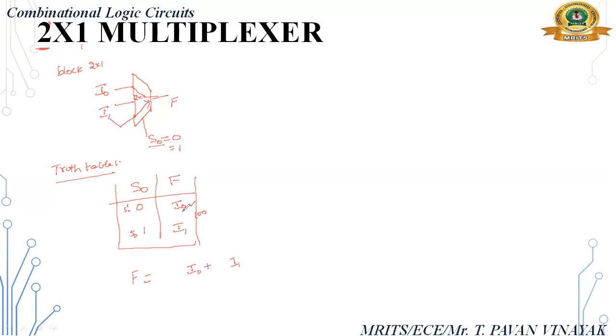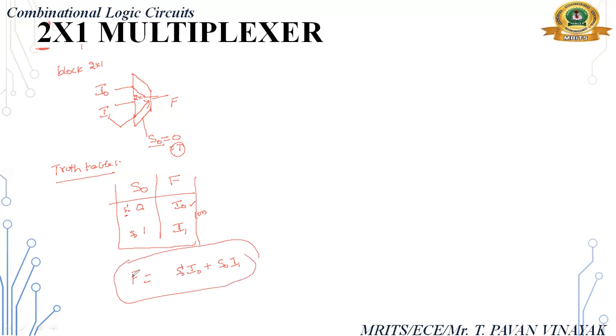Now I naught occurs when S naught is equal to 0. The expression is what? S naught bar. Right? I1 is output if S naught is equal to 1. The expression is S naught. Okay. So this is the final Boolean expression.